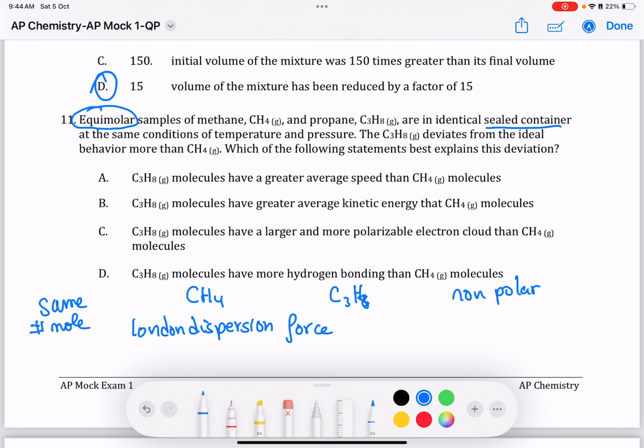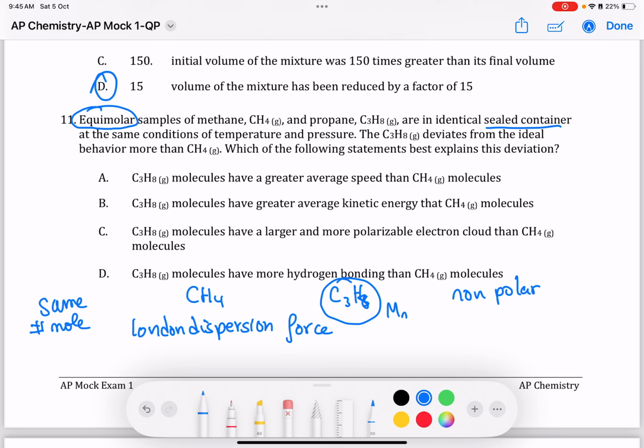However, why does C3H8 deviate more? Why are the intermolecular forces in C3H8 higher than those of CH4? In this case, we compare the electron cloud and the molar mass of the two molecules. As you can see, this one has one carbon, this one has 3 carbons.